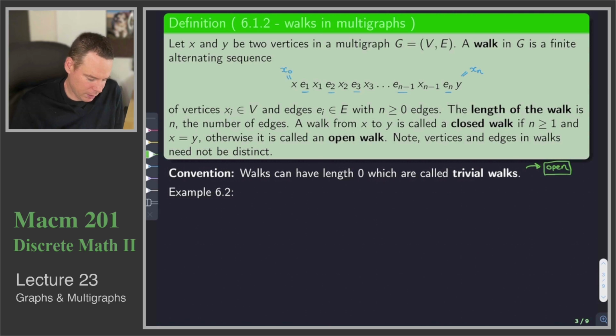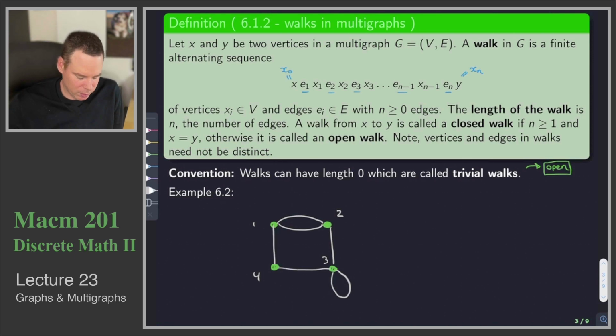All right, so let's have a look back at our example that we started with. So we had our vertices 1, 2, 3, and 4. And we had parallel edges, a loop at 3, and these couple more edges. And so what could an example of a walk be?